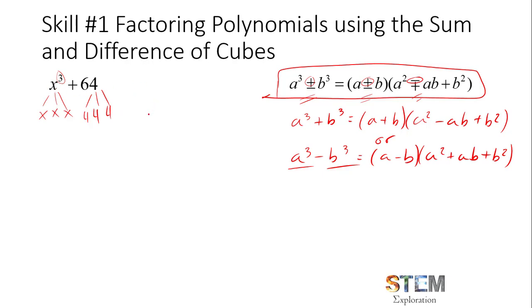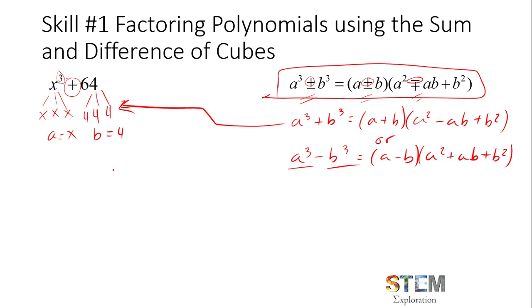If we see this situation occur, we can factor this polynomial using the sum of cubes because it's a positive sign here. Let's take this example where a is equal to x and b is equal to 4 and plug it into this equation.